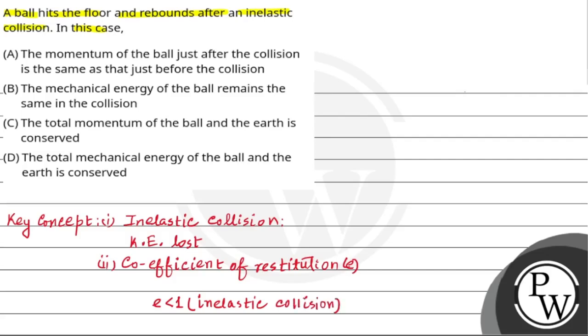Okay, we need to know another concept. Suppose this is height h, and from this height h, from the point A, we have thrown a ball towards the ground, that is towards point B. Now the ball collides with the ground, makes an inelastic collision according to the question, and again rebounds towards the upward direction.